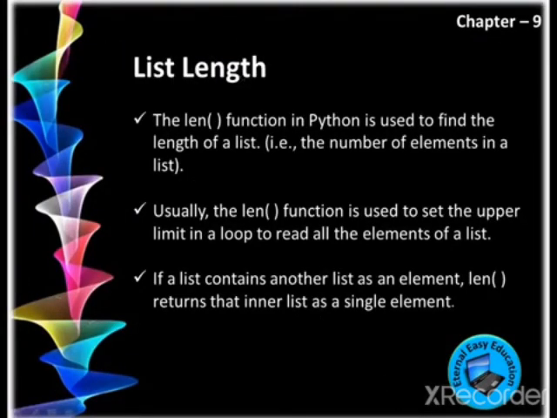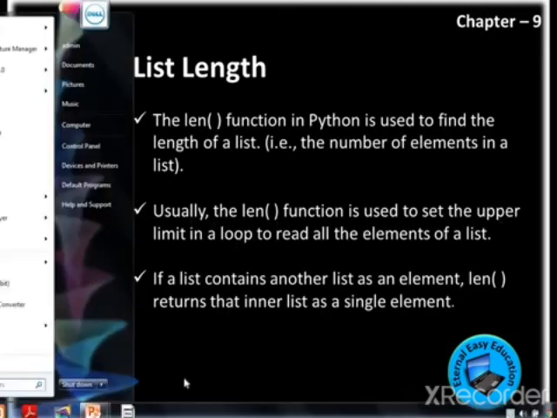List length. The len function in Python is used to find the length of a list, the number of elements in a list. Usually, the len function is used to set the upper limit in a loop. Now we changed the while loop. Do you remember?